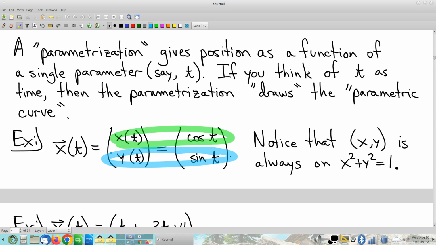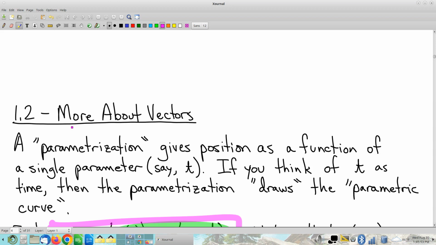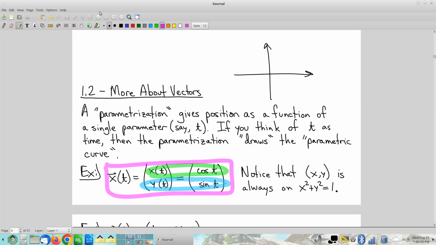So in particular, let me come up to here and we'll draw a little XY system. And let's see here, plug in t equals 0, and you get a point, let's say about right there. You get 1, 0.